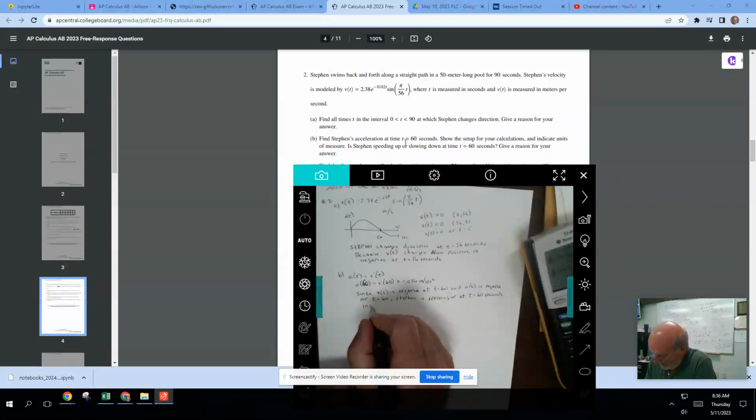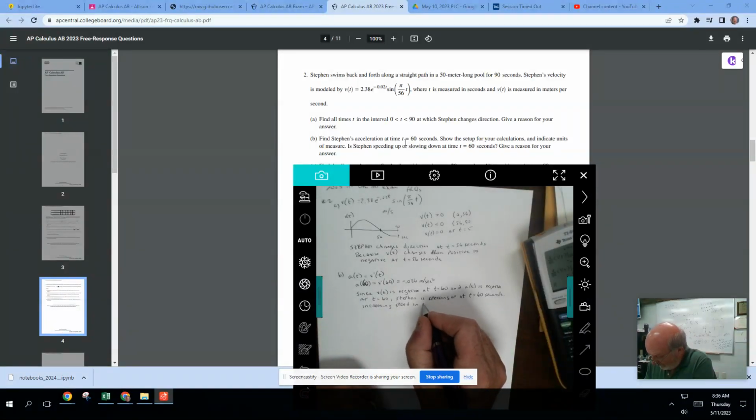That is increasing speed in the negative direction.